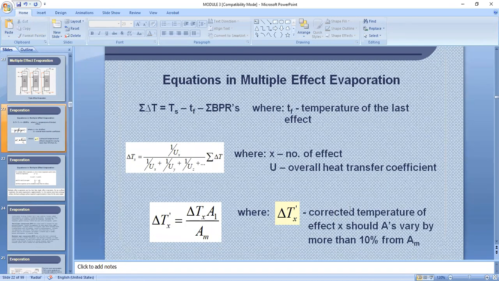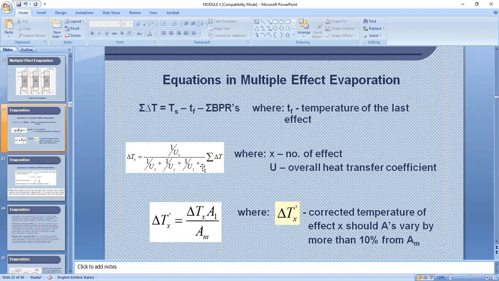Now, the formula in determining the change in the temperature for a particular effect, so let's say this is delta Tx, where X is any effect, the first effect, the second effect, or third effect, will consider this particular formula. It will use the heat transfer coefficients of each of the effects. So you have X, Y, and Z. This is effect X, and in the numerator, you have the reciprocal of its overall heat transfer coefficient.